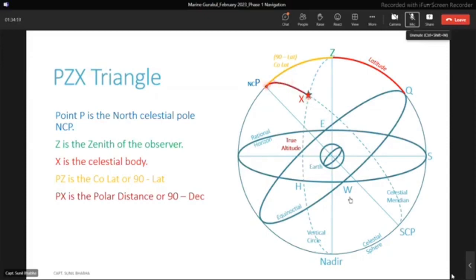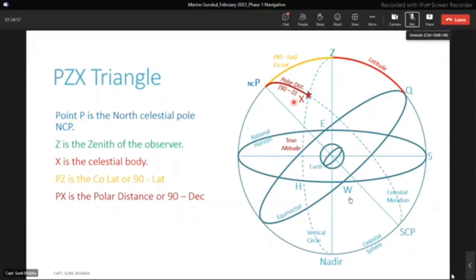I have highlighted this PX side with the maroon highlighter now, and this side is the polar distance of the body, telling us the distance of the body from the nearest pole, and this will be equal to 90 minus declination. So this is the PX side of our PZX triangle. Two sides of the triangle are understood. Now let's move on to the third side.